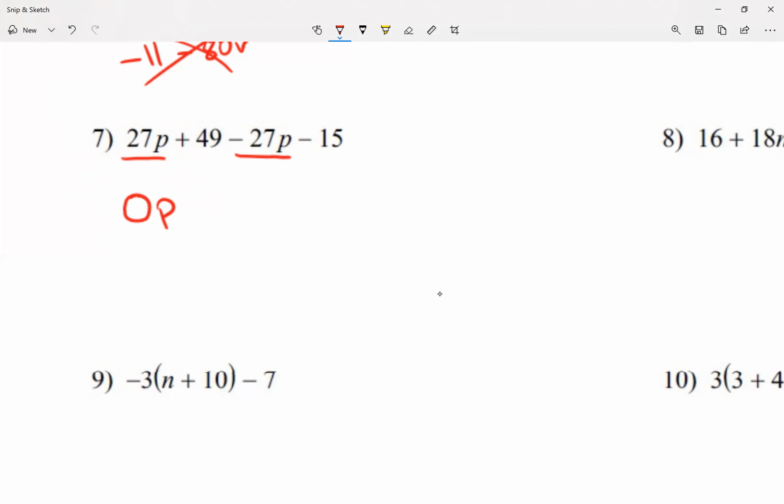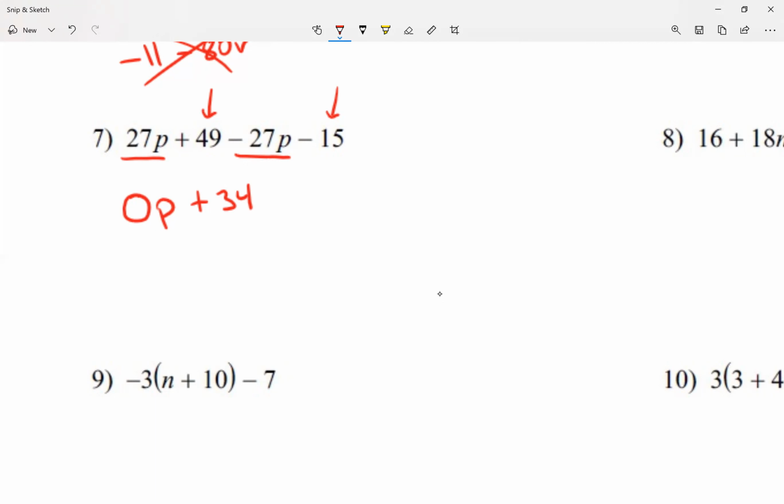And then I have a 49 minus 15. 49 minus 15 is 34. The big number is positive, so let me write this as a plus 34. Now, earlier I said when the number in front of the letter is a 1, we don't write it.